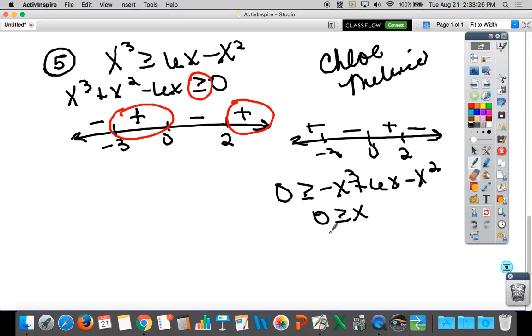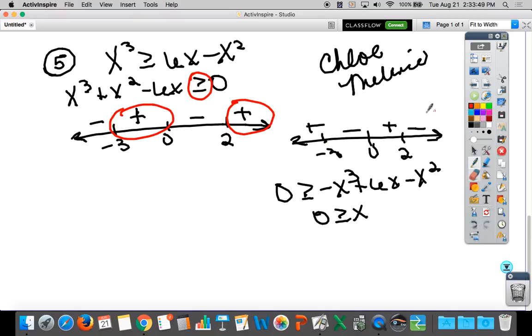Do you understand that I don't want y'all accidentally on one of the test questions to think, oh, the easiest thing is I'll move that over here and I'll get this. I'm still looking for the pluses. You have to read it backwards if your zero's on the left. So this is no longer positives.